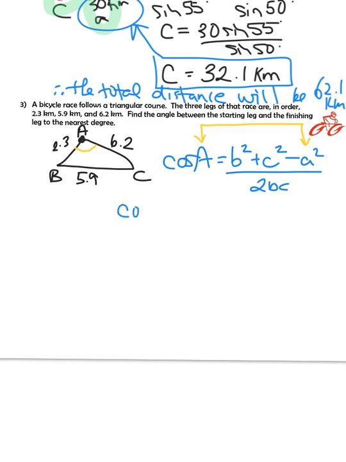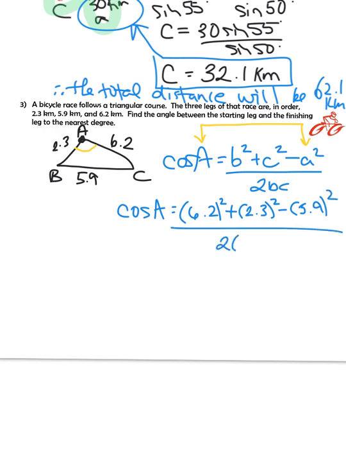So to find cos A, we're going to plug in what we have. So side B is 6.2 squared, C is 2.3 squared, and A is 5.9 squared, all over 2 times 6.2 times 2.3. So go ahead and get a number at the top and a number on the bottom.